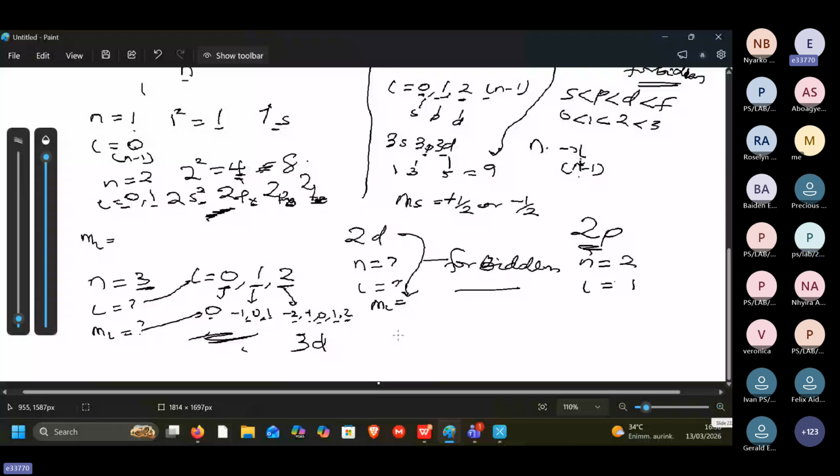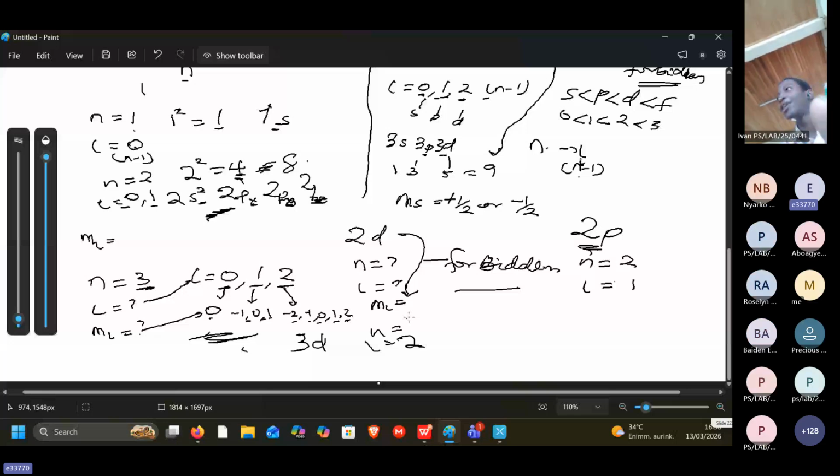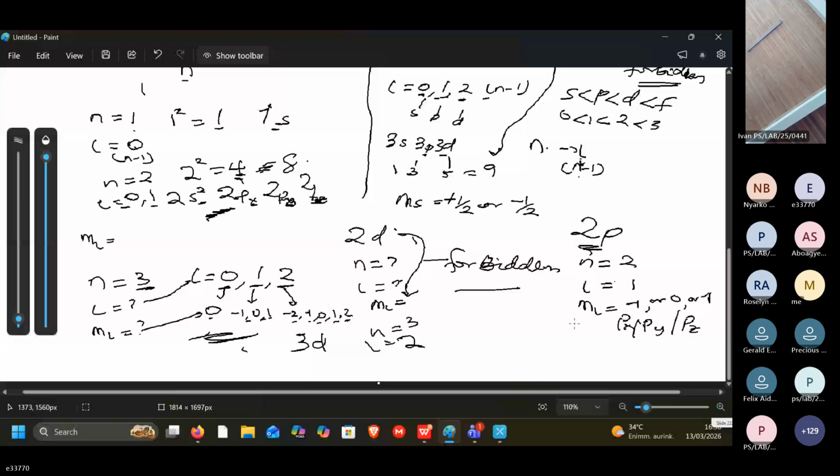Now from here, the ML can be any of the orientations. It can be -1, or 0, or 1. That means it can be PX, or PY, or PZ. So that will be the ML. Is that okay?